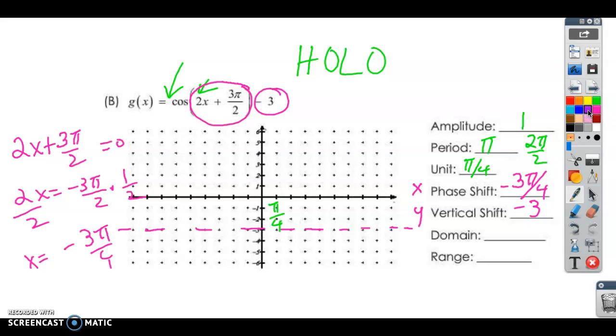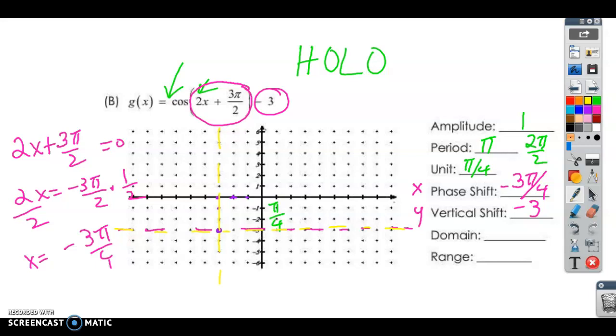So we're counting by pi over 4, and we have to go to the left 3 pi over 4. So 1, 2, 3 pi over 4, and then down 3. 1, 2, 3. There's our new 0, 0. So in my head, I'm thinking there is my new x-axis, there is my new y-axis, and I'm just going to now graph cosine.